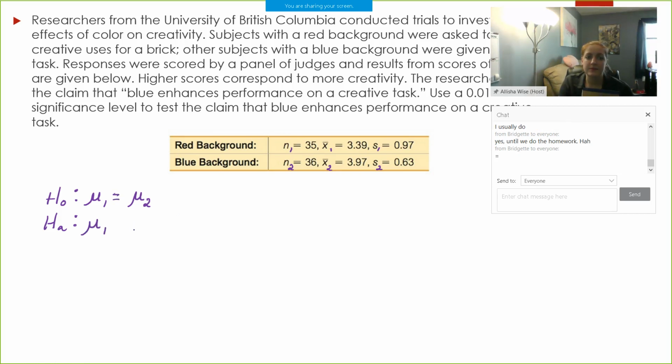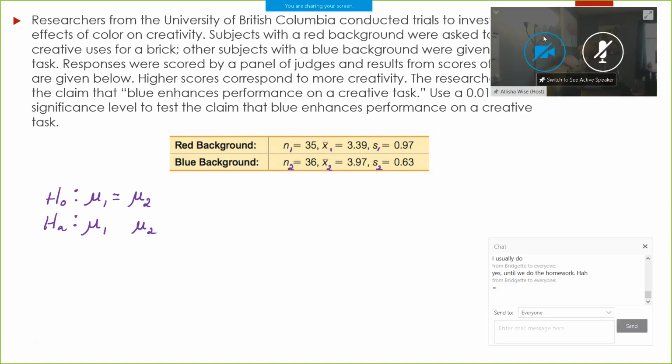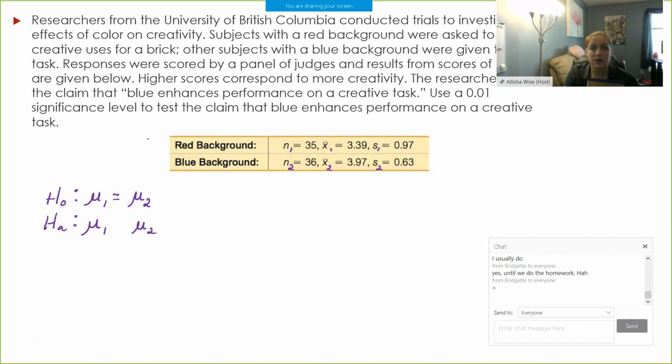Now, again, we're going to do the alternative. So I'm going to label red group 1 and blue group 2. Let's come back to the claim. So I like to highlight a claim. The claim is that blue enhances performance on a creative task.